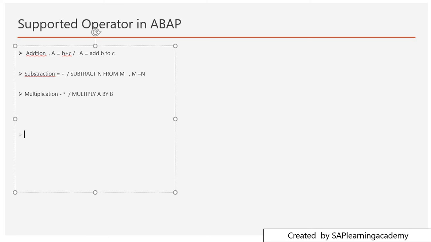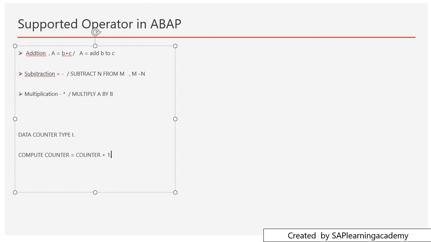Here I will give you one more example of how you can use addition in different ways in ABAP. This example is only for addition. Suppose you have defined a counter data type, which is integer, and you can use compute counter equal to counter plus 1.